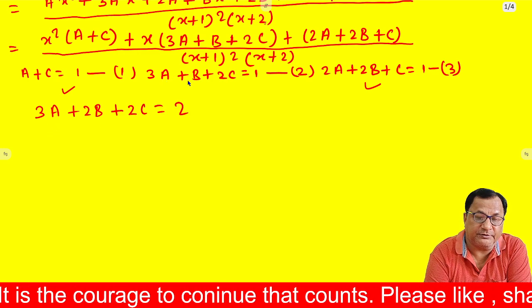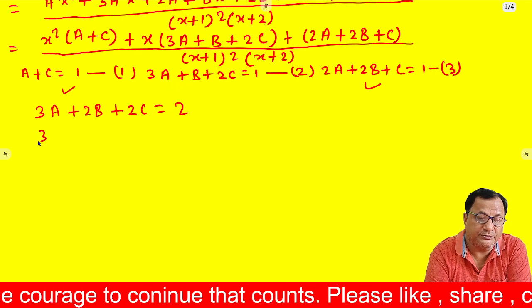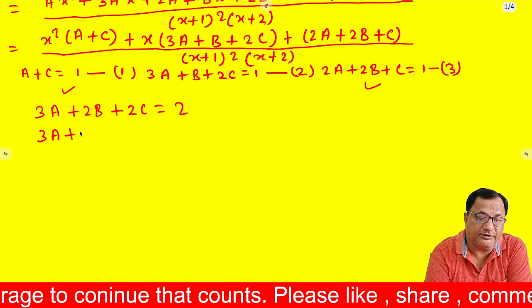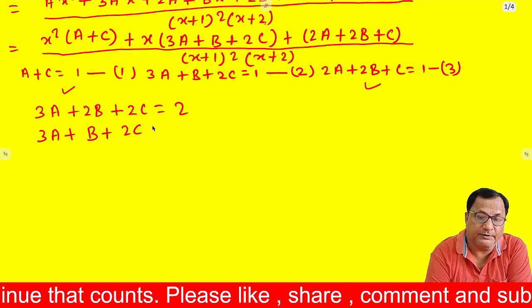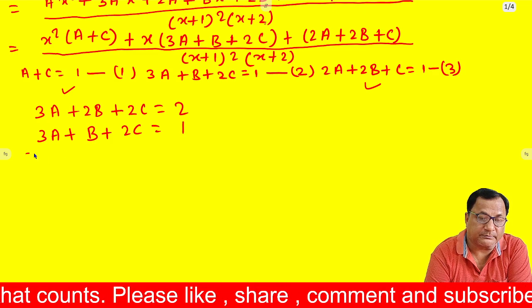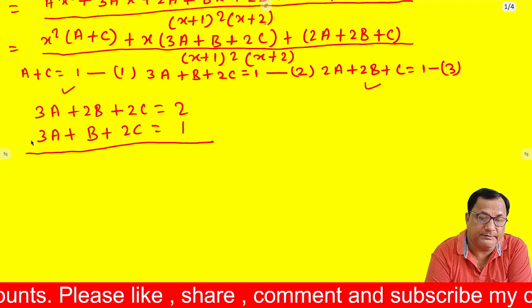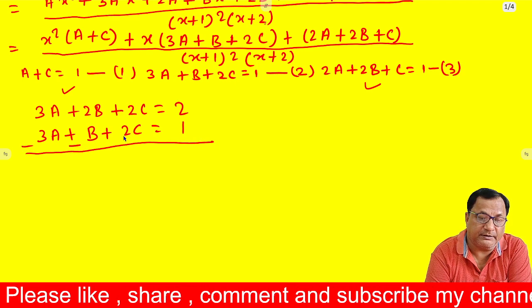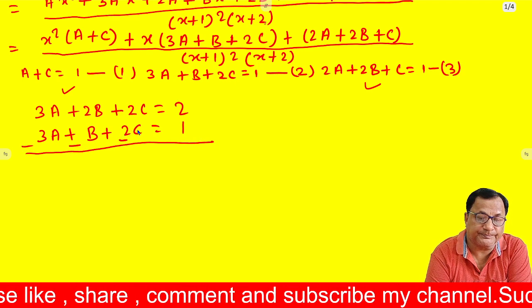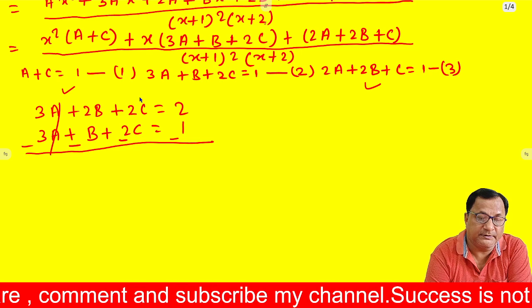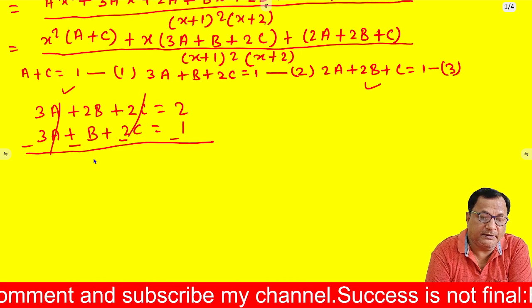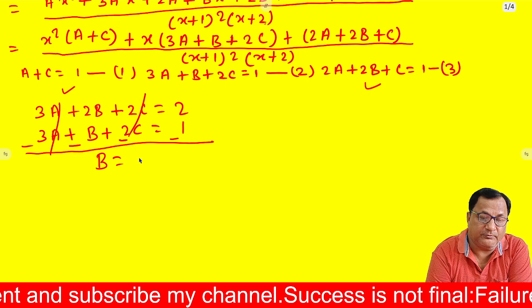And subtract equation 2 from this: 3a plus b plus 2c is equal to 1. We'll subtract, so this will be cut. So b is equal to 1.